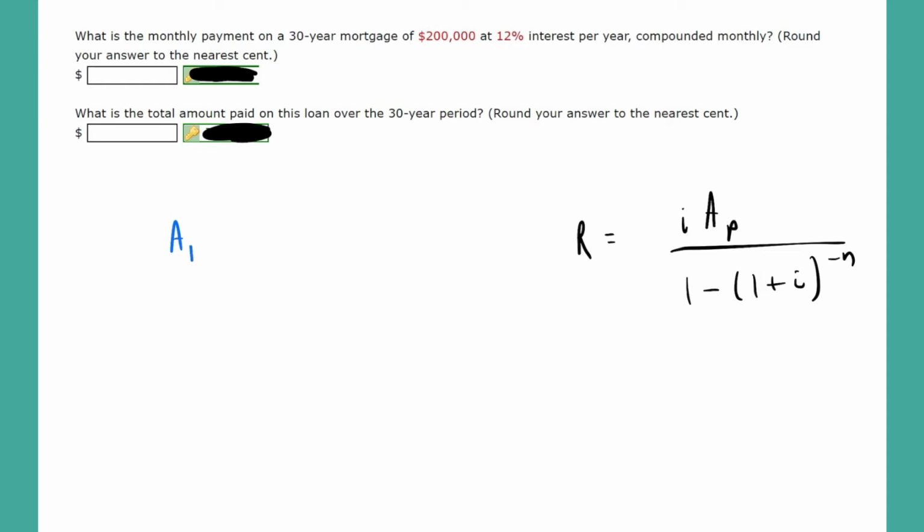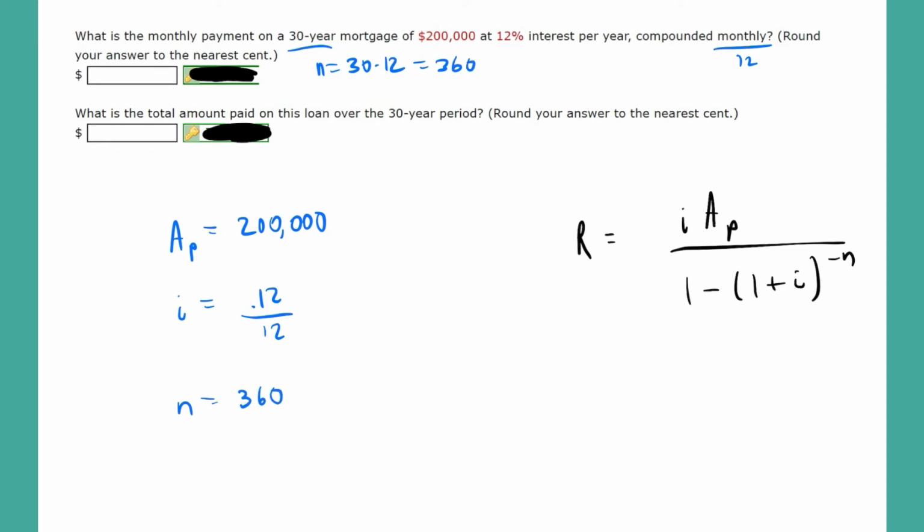All right, the price of the house is $200,000. The interest is 0.12 divided by 12, since it's compounded monthly. And the number of payments, well, it's a 30-year mortgage, so 30 times 12, since there's 12 payments every year, will be 360 payments total. So let's plug these values in. R will be, once again, put that bracket there.